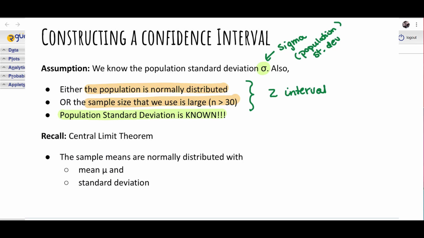Now, recall, why does it matter whether it's normally distributed or the sample size is bigger than 30? This has to do with central limit theorem.